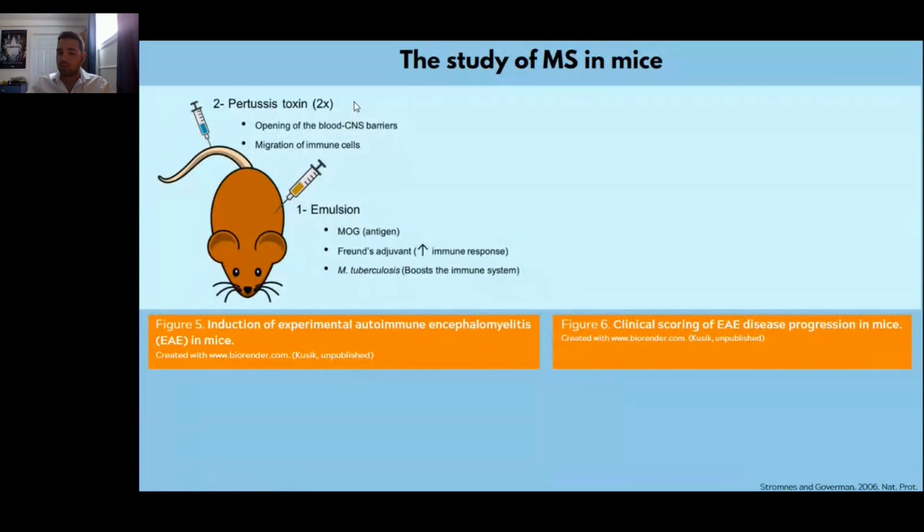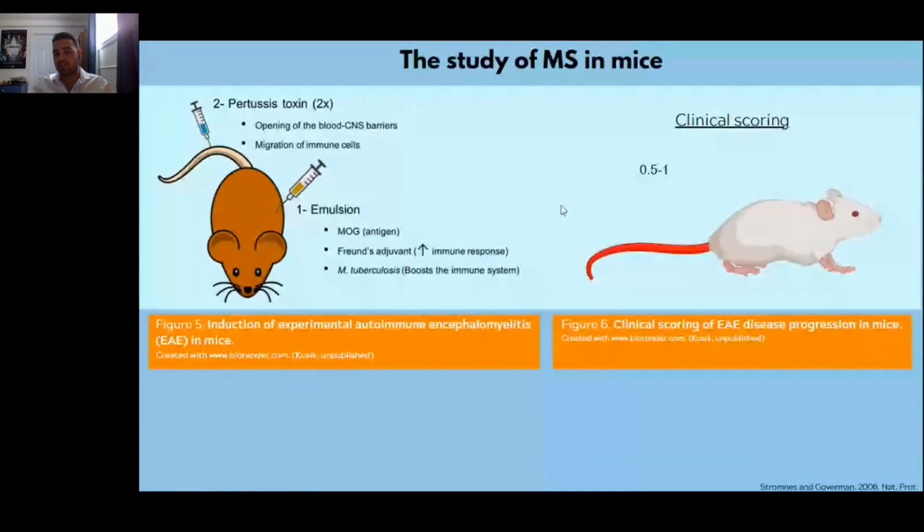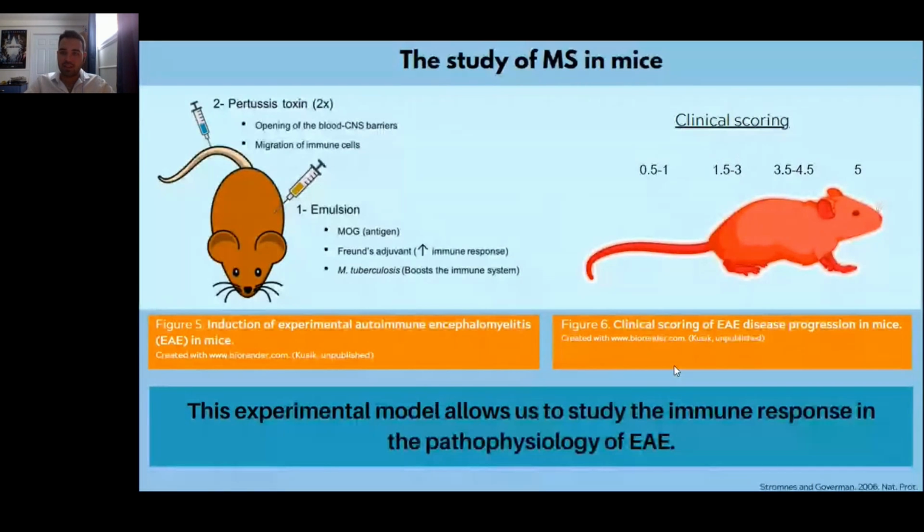The mice will develop a paralysis that begins at the tail and progresses to the head, where a clinical score is assigned at each stage of the paralysis. So the clinical scoring indicates the severity of the disease.